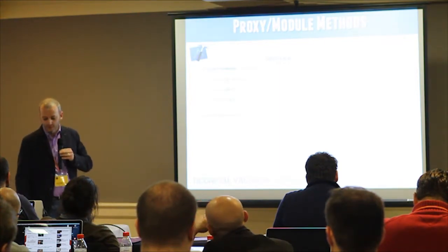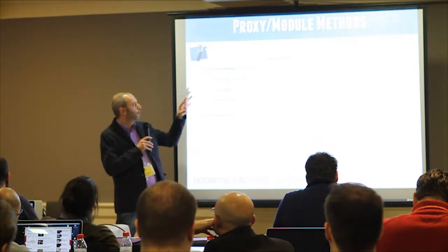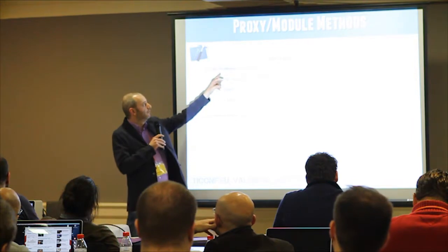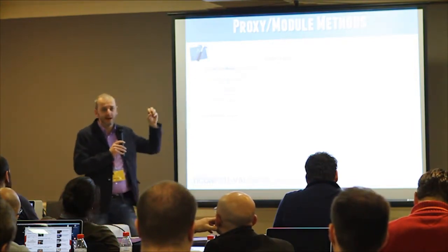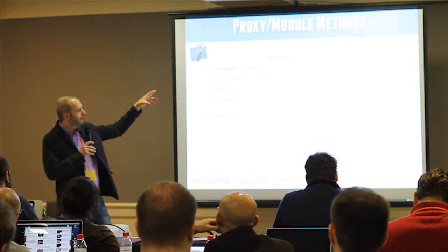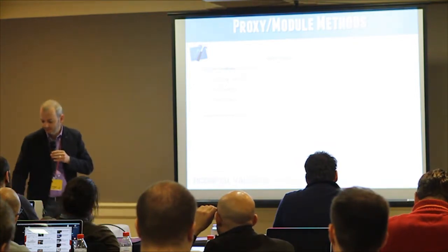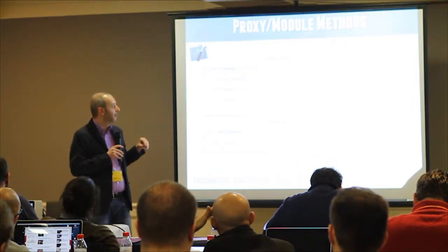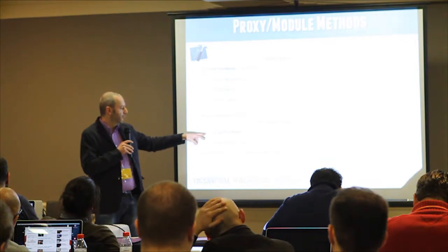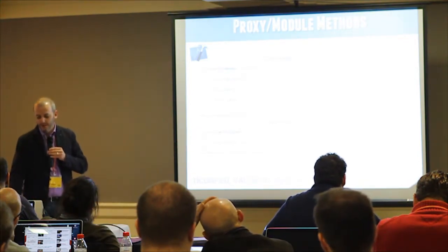So if we are defining a module or proxy method, we have to define its method name. We have to define that it takes arguments, and maybe that it is returning an object as a return value. If it doesn't need to return a value, we put a void type as a return value.